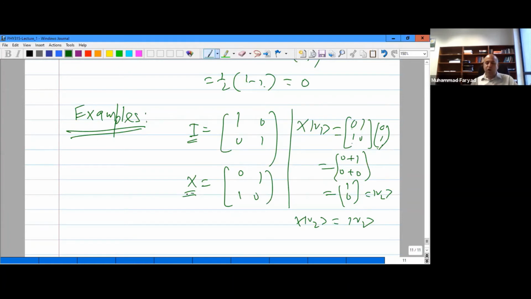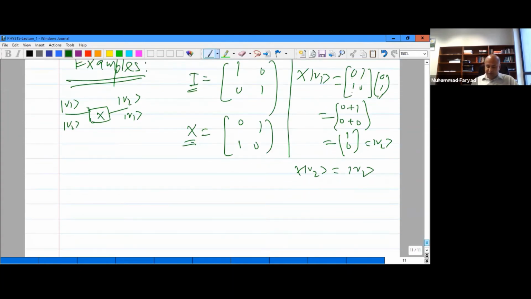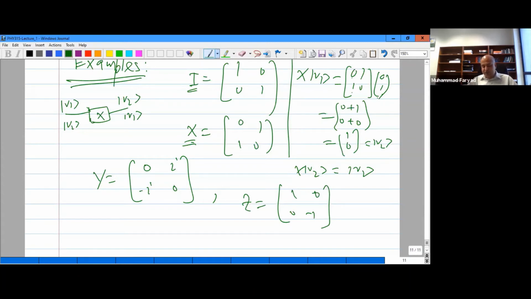So this is sort of equivalent to a NOT operation, if you think of it in terms of a gate. If there is a v1 vector, this goes to v2, and if at the input you have v2 vector, it goes to v1. Similarly, there is another operator Y, 0 iota, and there are actually many more. I'm listing these special operators because X, Y, and Z are also Pauli matrices when we talk about two-level quantum systems.